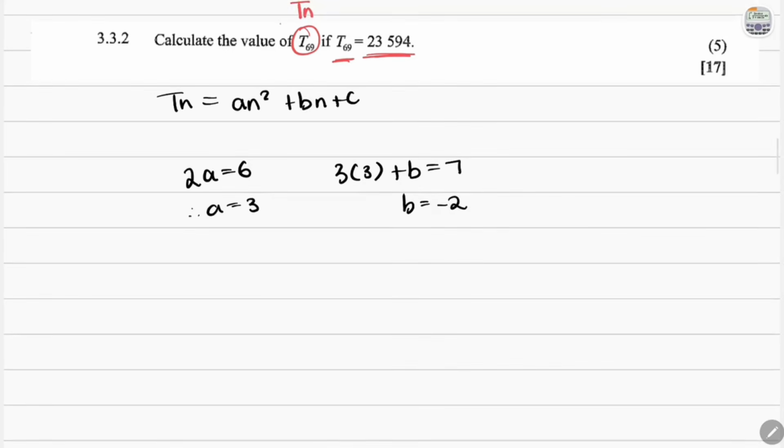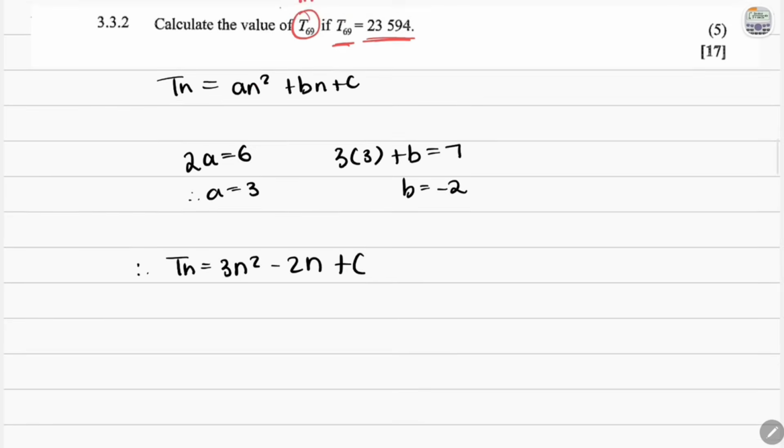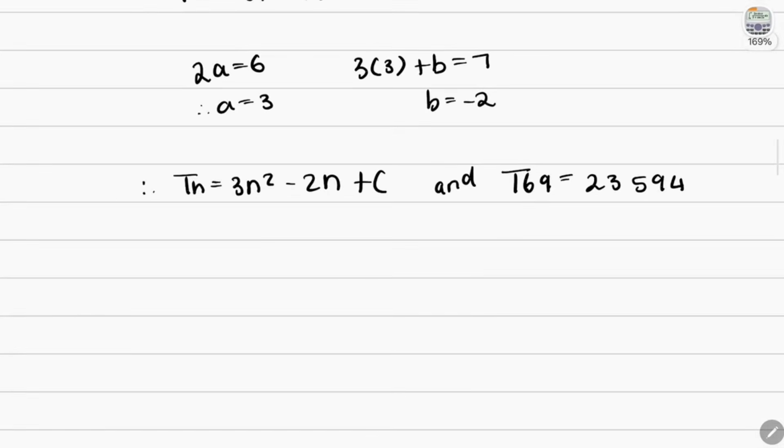And then we don't know what c is, but that's fine. We can just fill in what we have so far. Tn equals, in place of a, 3n squared minus 2n and then plus c. Now we can use this information and what they have given us here. They told us that term 69 is equal to 23,594. I don't know if it's actually equal to this, but it seems like that's what they were trying to say. So in place of n, we're substituting 69.